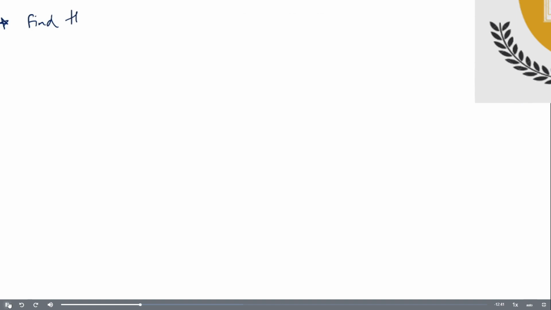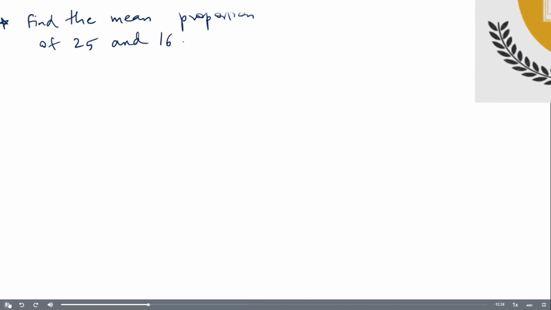Find the mean proportion of 25 and 16. Mean proportion formula is equal to square root of AC.